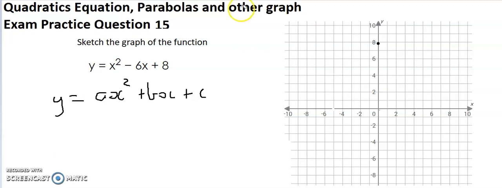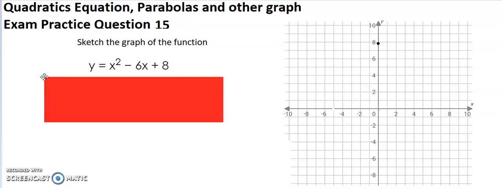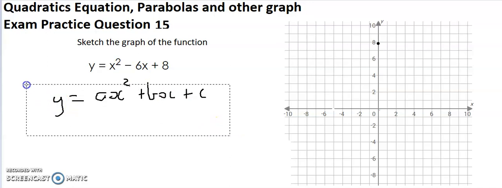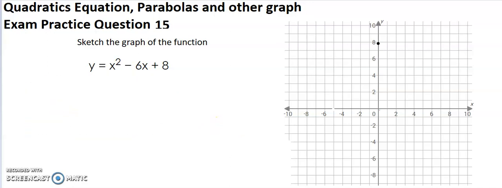The next thing I look at is trying to get it into a factorized form. If I get it in factorized form, I can see what my x-intercepts are. So the first thing I'm going to think about here is what two numbers can I times together to equal c?